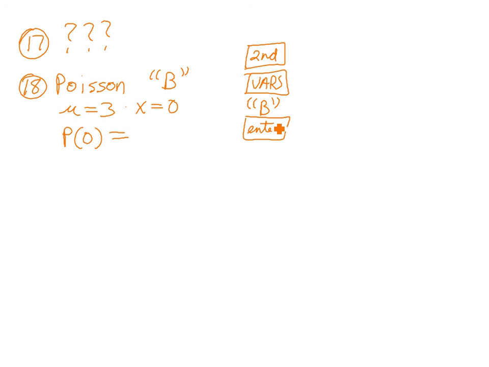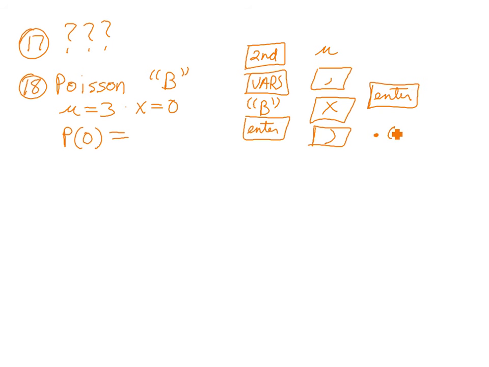So you put in mu, then a comma, then the x you're picking, which this time is 0, then you close the parenthesis and hit enter again. When you do all that, it comes up to be 0.0498, which is letter A.